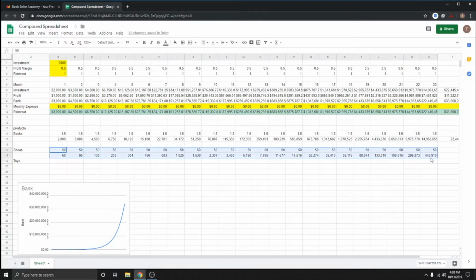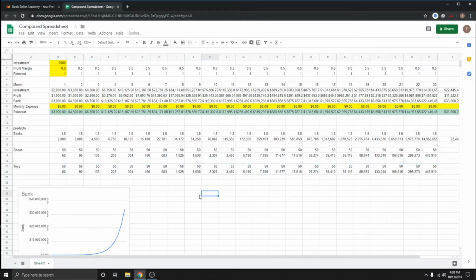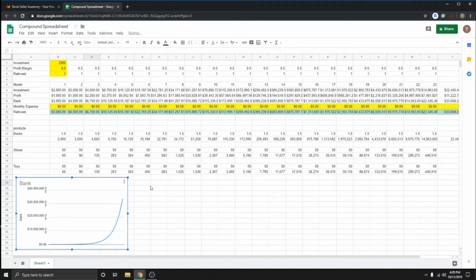It's basically the same formula, even if you're buying 50 toys. So let's do this formula real quick so you can change this number at any time. I'll share this worksheet below, so you can work with the formulas and give your own scenario for how you want to scale your business so you don't fail.